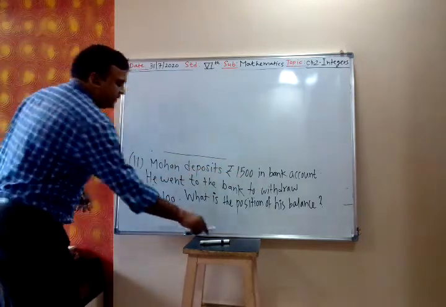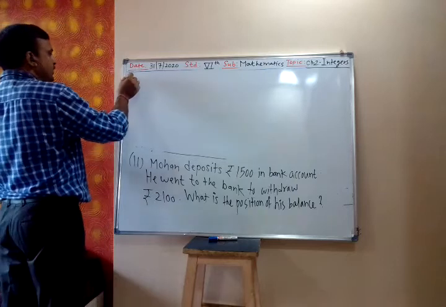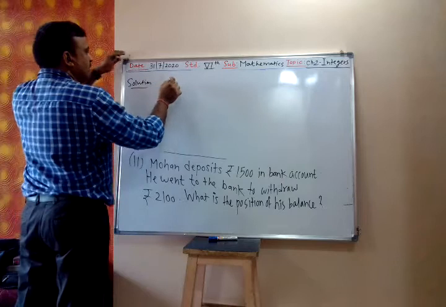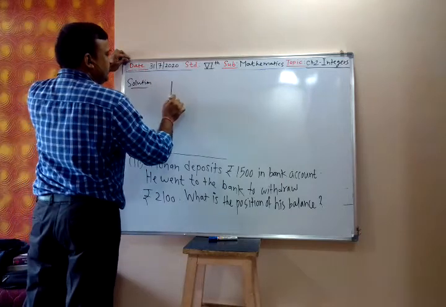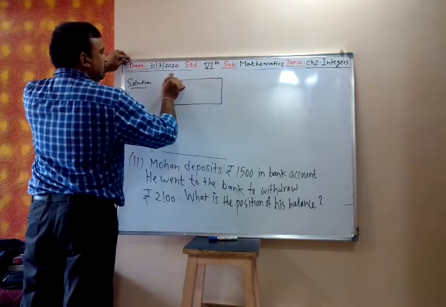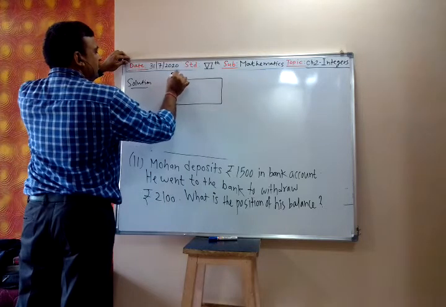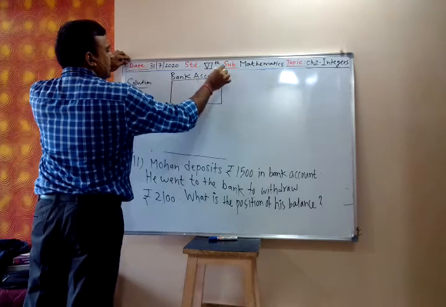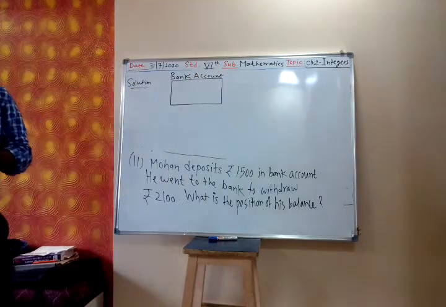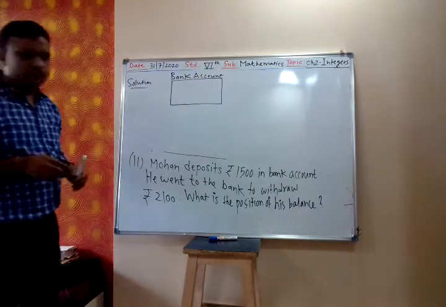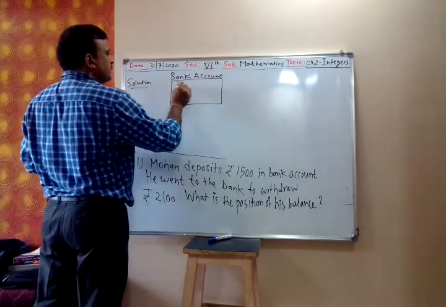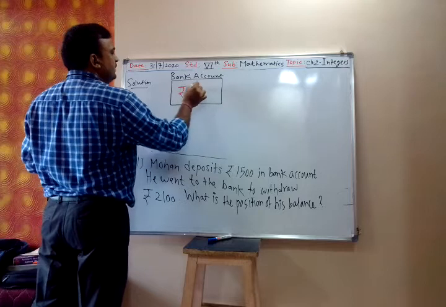So let us solve this. This is the bank account. Draw this diagram. In the bank account, Mohan deposits 1,500 rupees.